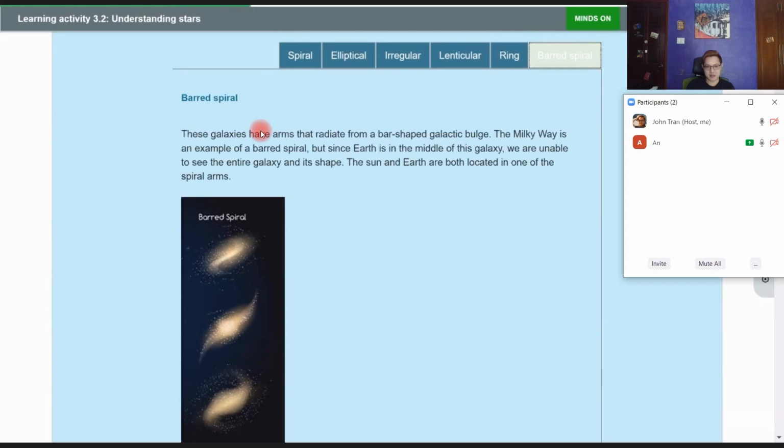So there's a bar, and then there's a spiral. It looks like a crowbar, you know, like a crowbar. You know what a crowbar is? Yeah, crowbar. Okay, like in Half-Life, the crowbar, you know. Barred spiral. Bar-shaped galactic bulge. So we have a barred spiral shape.